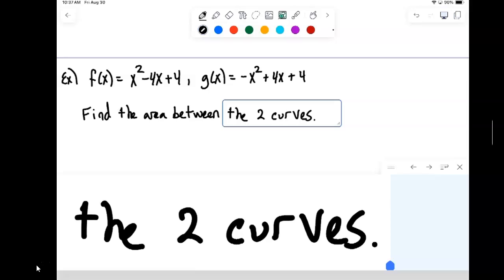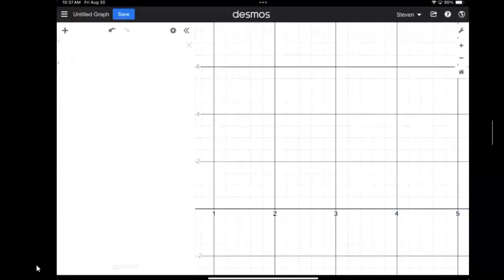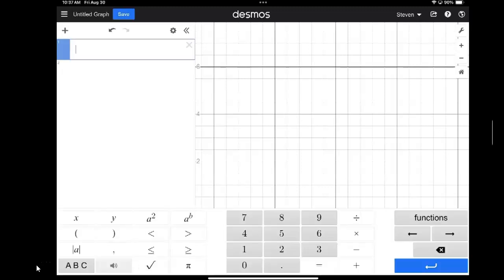So either using a graphing calculator or using a graphing device that I'm going to use here, which is, by the way, a free website and a free app called Desmos. You can go to it online by just going to desmos.com. I'm going to put my two equations in here.